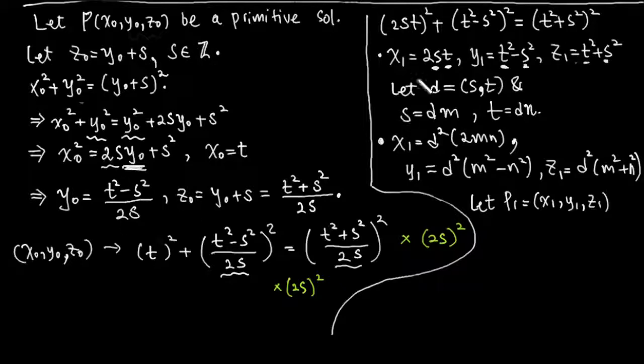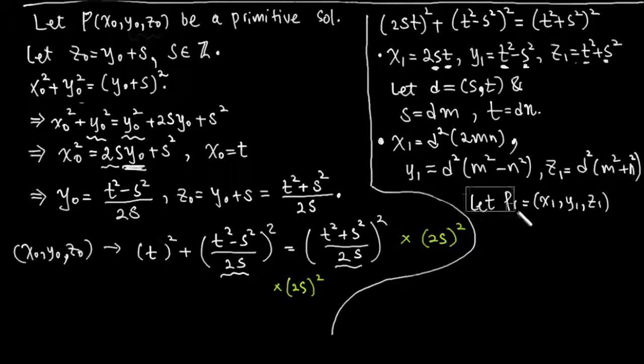Remember, this x1, y1, z1 was obtained by multiplying this factor 2s throughout this primitive solution. So we're canceling some of this common factor that we structured out, so that's one step closer to the primitive solution. So let's write that out. d squared is common, so I'm going to knock this one out.